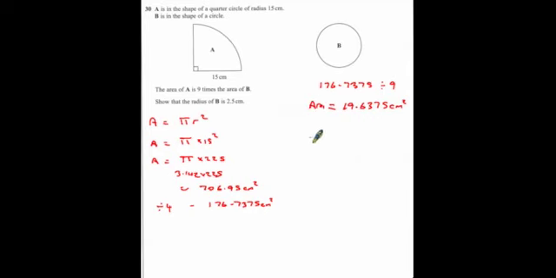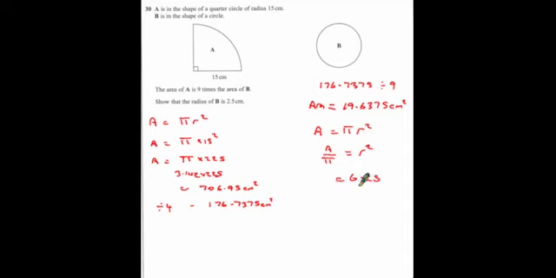We need to do things in reverse now, going back to the same formula. Area equals pi times r squared. Now we know the area and we know pi, so by rearranging the formula we get area divided by pi equals the radius squared. So we have 19.6375 divided by 3.142, that is pi, and we get the answer 6.25.